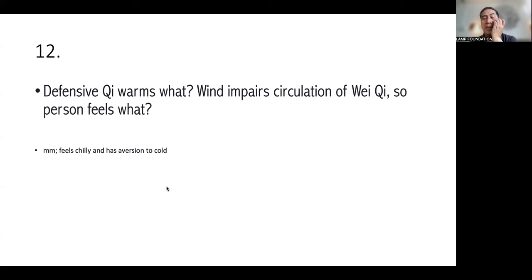So if the patient feels cold or there is aversion to cold, then that means the Wei Qi, or defensive Qi, was impaired or affected by external wind.